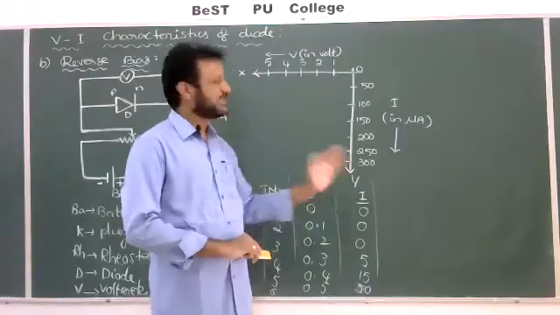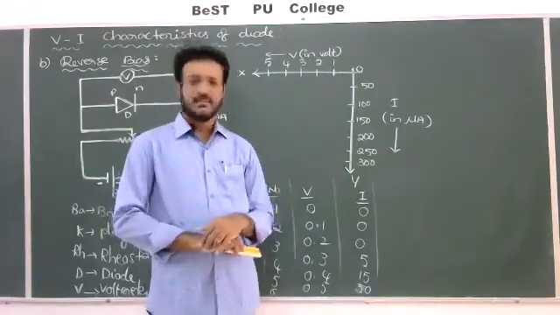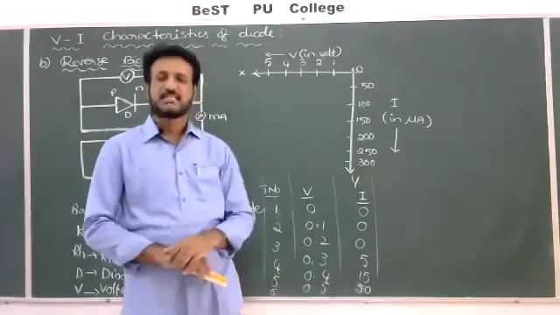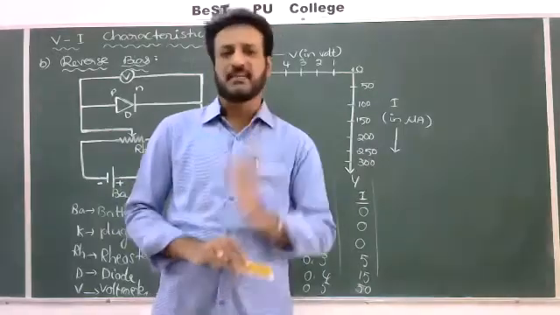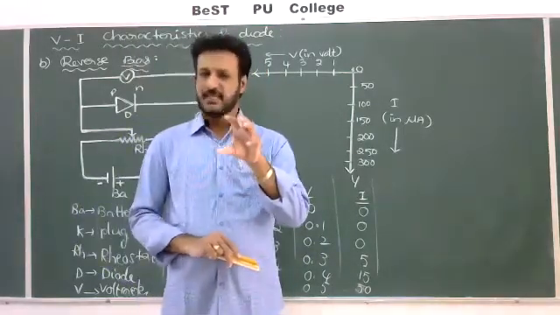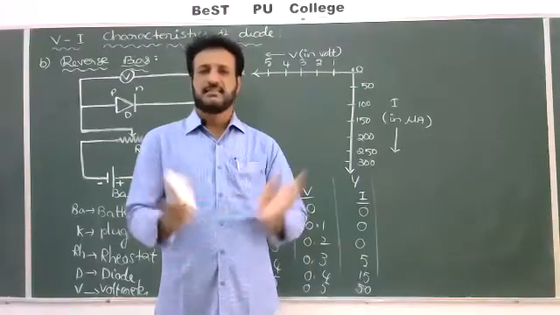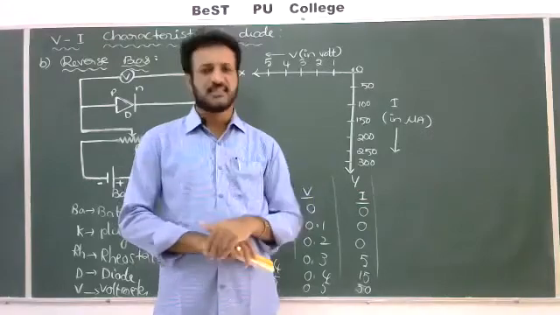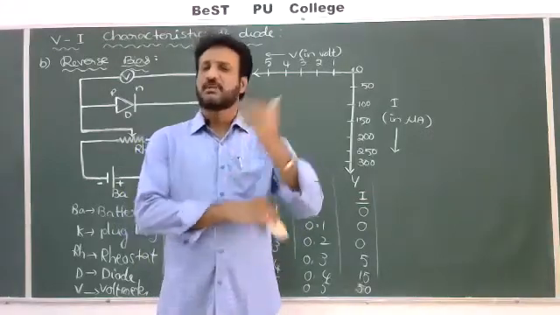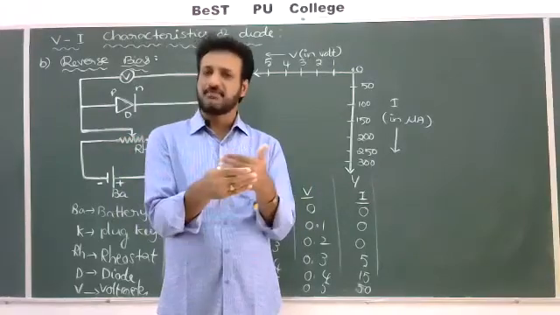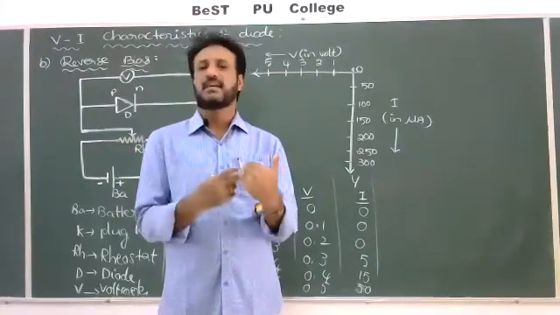But after reaching a certain value, as the voltage increases, even if you increase the voltage by a small amount, suddenly breakdown takes place. Breakdown means the bonds in the PN diode break. Because of the breakage of the bonds, more minority carriers are available. Because more carriers are available, they can cross the junction, recombine and give more current.